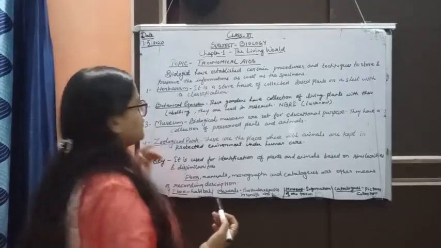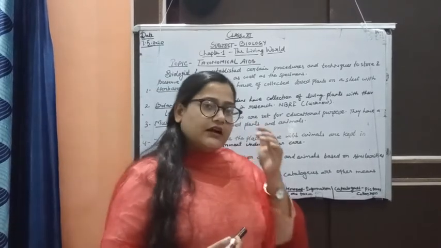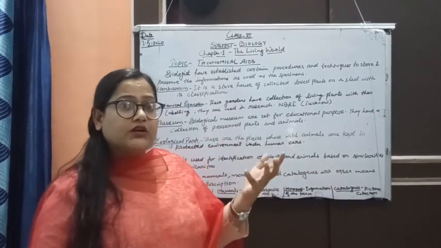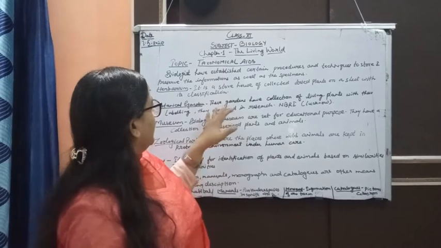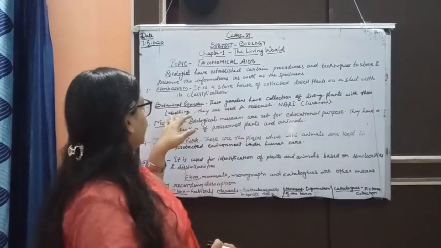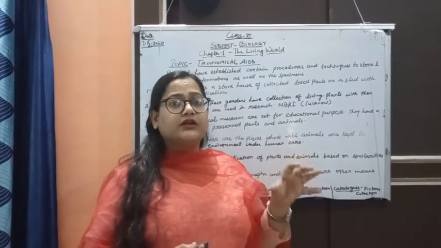Then the botanical gardens. What are the botanical gardens? These are special types of gardens where special plants are grown. These gardens have a collection of living plants with their labeling, and tagging is also done. Why?